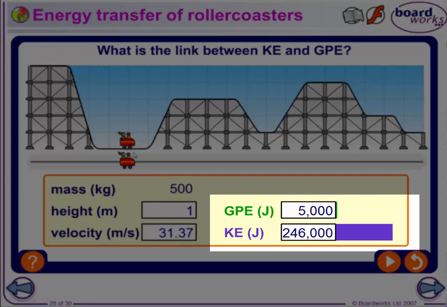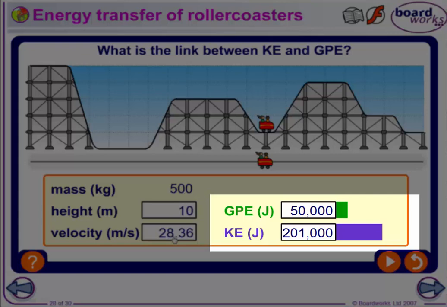Then what happens? It moves up again, and that kinetic energy is turned back into potential energy, although it's not at the same height as it was before. So there is a little bit of kinetic energy left. In fact, it's going at 20 meters a second now, but it's at 30 meters height. Then it drops down again, and that potential energy is turned back into some kinetic energy. At the bottom, the velocity is 28 now.